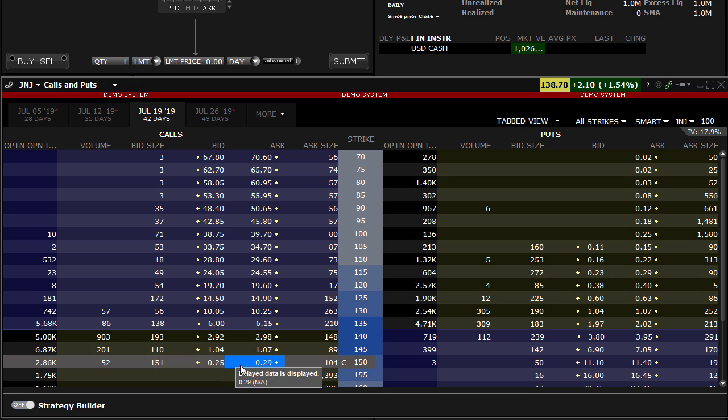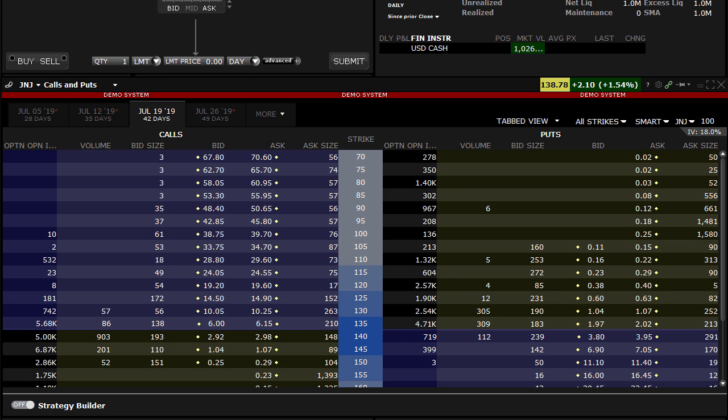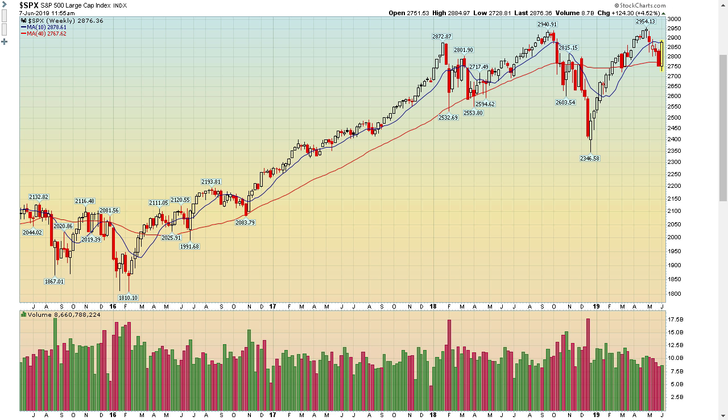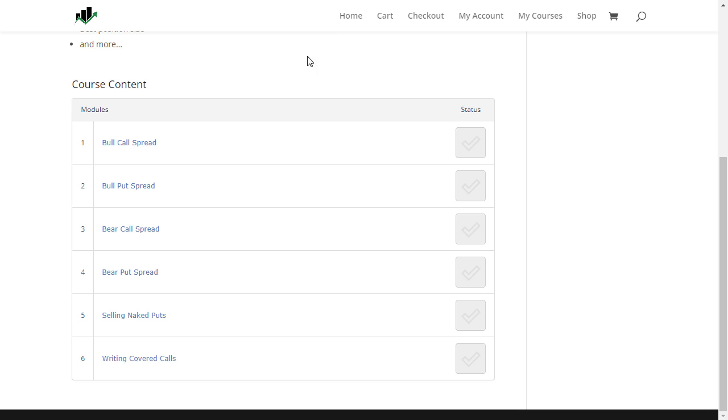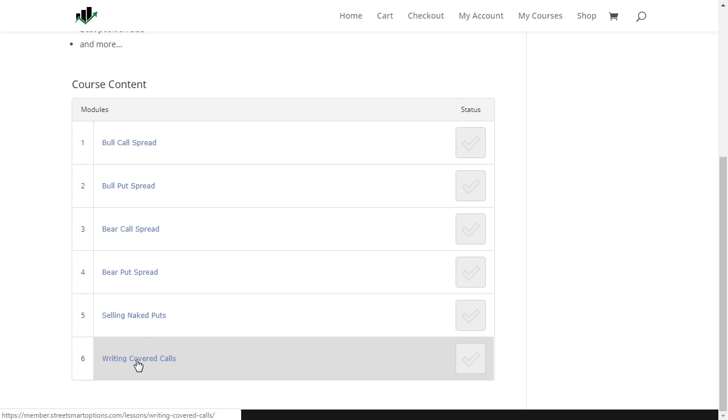And now how do you figure out what's my potential annualized return on these things? Well, there's a calculator we have on Street Smart Options that tells you, for various trades, what your potential return is.